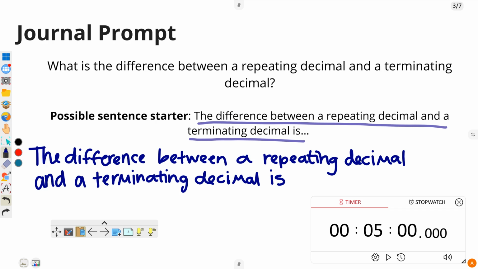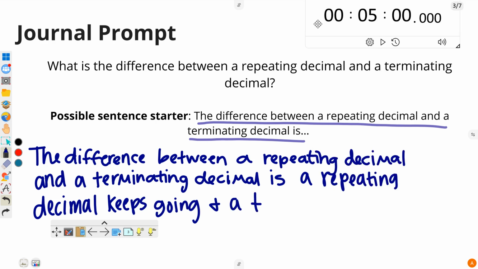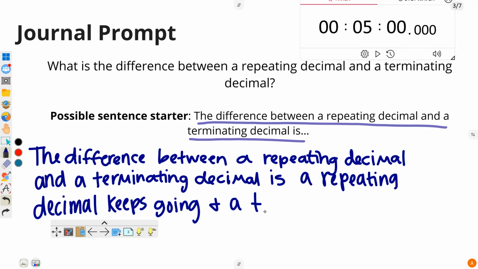So the difference between a repeating decimal and a terminating decimal is, and you could word this different ways, my way is not the only way, but a repeating decimal keeps going and a terminating decimal ends.